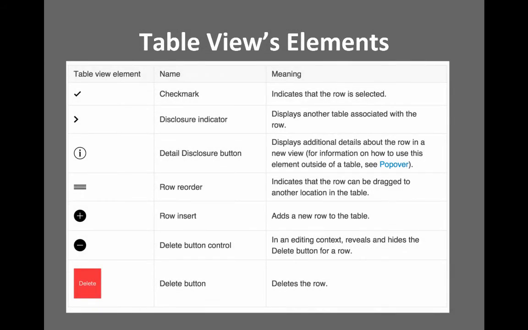Table views offer designers and developers ways for their users to interact with content provided in table views. These interactions include deleting a row, accessing more information when tapping on a particular cell or inserting a row. If you will be using table views in your app designs, think about what table view elements are necessary for your users and that will enhance their user experience.